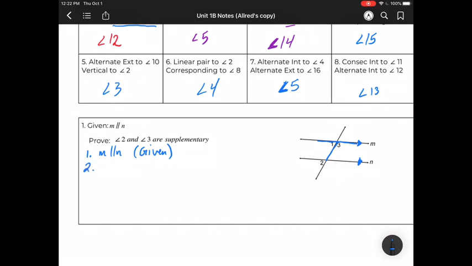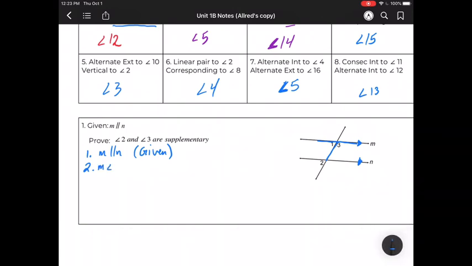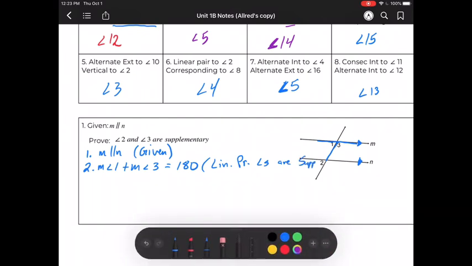So what I can do next is say that the measure of angle 1 plus the measure of angle 3 equals 180 degrees because they're a linear pair. Remember, linear pair angles are supplementary.